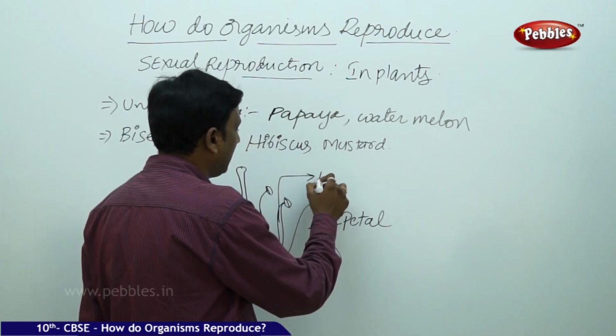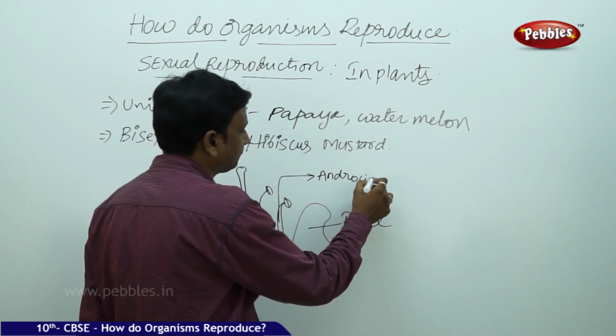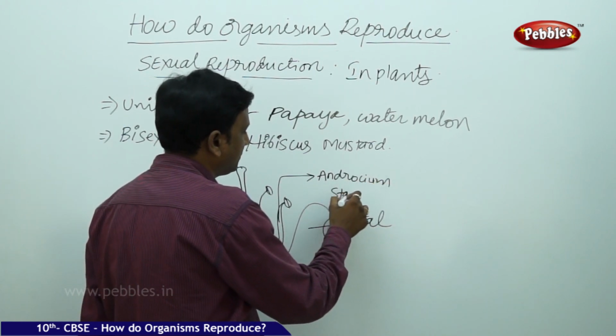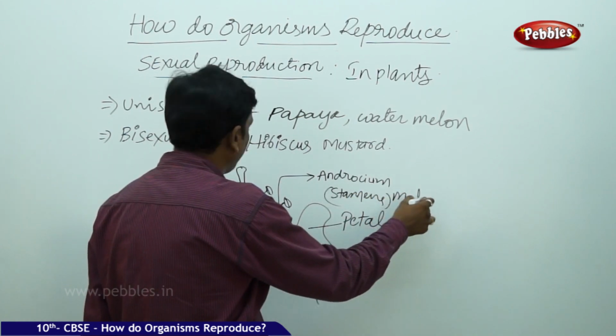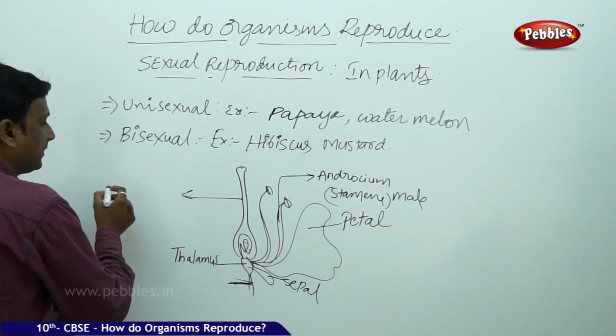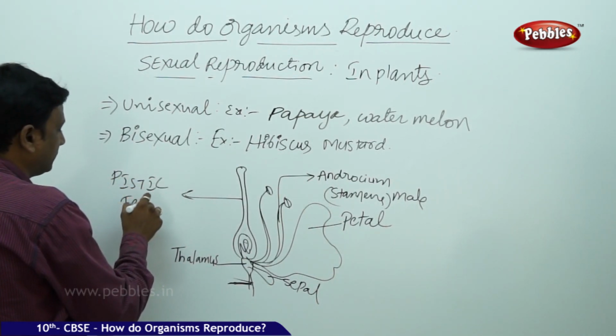This is the male reproductive part, androecium or stamens, the male part. And this one is the female reproductive part, pistil, the female part.